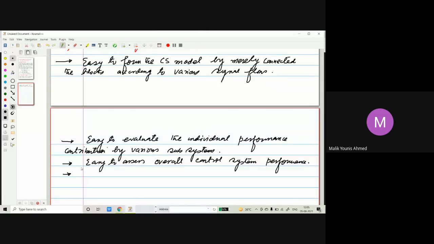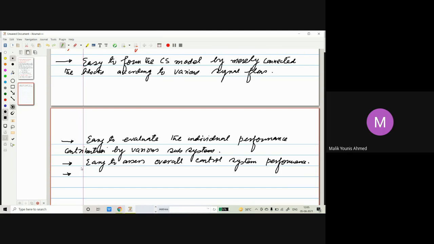If you have made a model of the control system and put everything on paper, with individual blocks identified, this is a subsystem, this is a subsystem, and the signal goes from one subsystem to another, that overall gives the performance of the control system.